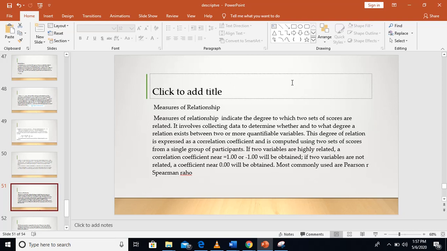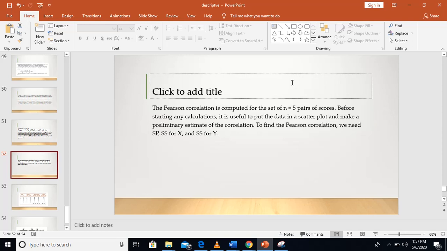If two variables are highly related, a correlation coefficient near 1 or minus 1 will be obtained. If two variables are not related, a coefficient near 0 will be obtained. The most commonly used measures of relationship are Pearson r and Spearman rho. Here we just discuss Pearson r, because Pearson r is the most commonly used correlation method in educational research.